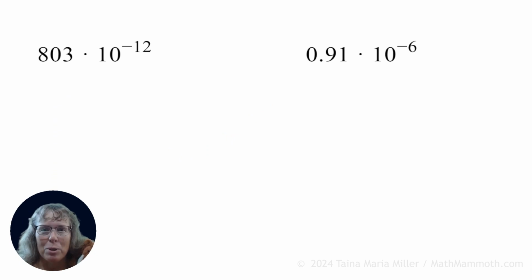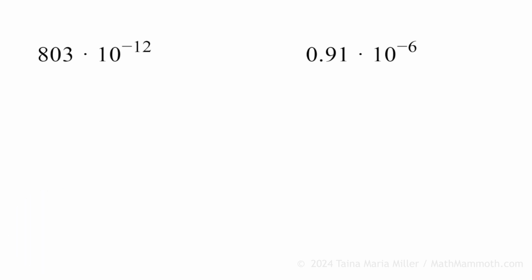Here we have two numbers written incorrectly in scientific notation, and our task is to fix them. If you remember, once again, this multiplier has to be between 1 and 10, not 800 something or 0 point something. With this one, we need it to become 8.03. And so changing it from 800 something to 8 something, I am doing a division by 100, right?